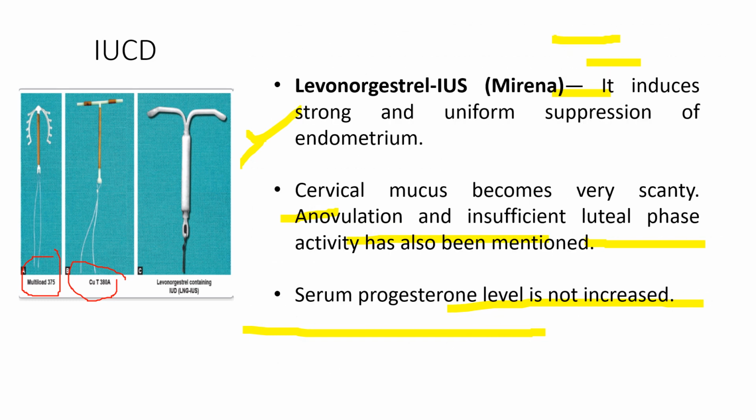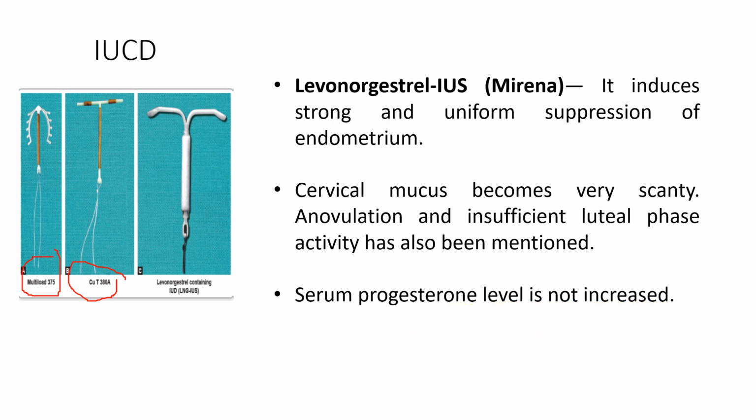Now come to another device. Instead of copper, we have a steroid, levonorgestrel, also known as Mirena. It induces strong and uniform suppression of the endometrium and the cervical mucosa. Cervical mucus becomes very scanty. Anovulation and insufficient luteal phase activity have also been mentioned.